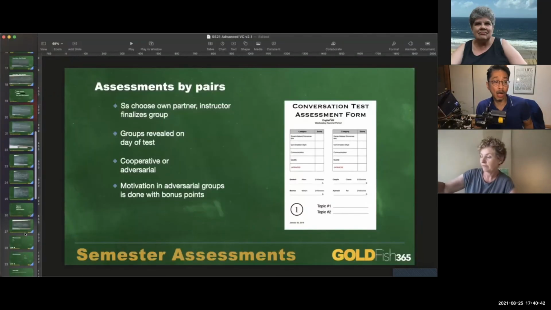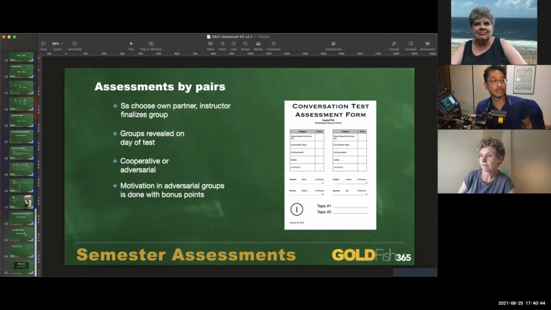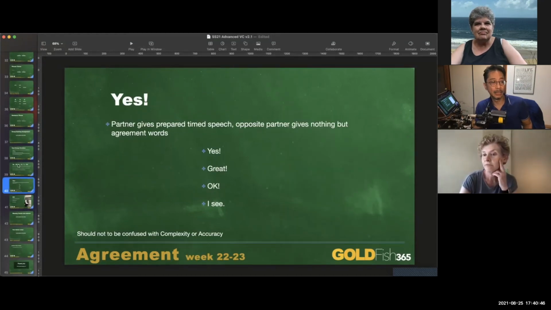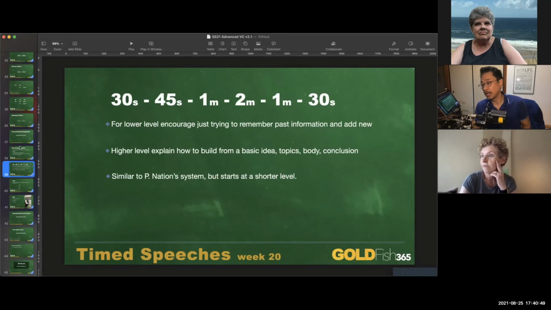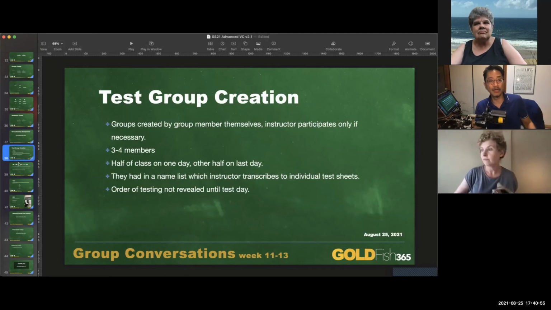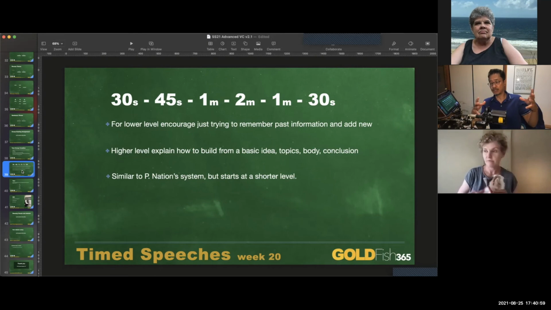I wanted to choose either the exercise where I show how to do agreements and a variation on Paul Nation's timed speeches, because this is the next step from test group creation, timed speeches. And this is where you go in the second semester.